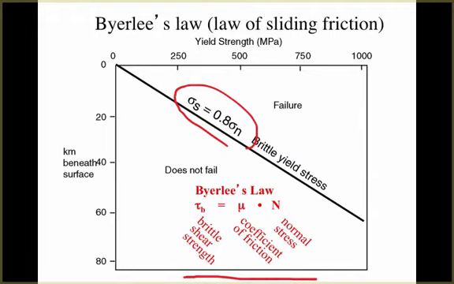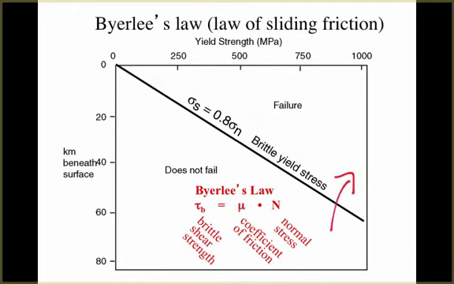And the normal stress corresponds to the pressure of the overlying pile of rocks, so depth beneath the surface. Above this line, rocks fail brittly. Beneath this line, rocks don't fail.